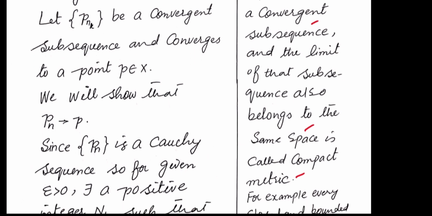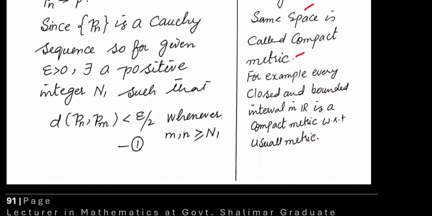For example, every closed and bounded interval in the set of real numbers R, or you may take Rn, is always a compact metric space with respect to the usual metric.